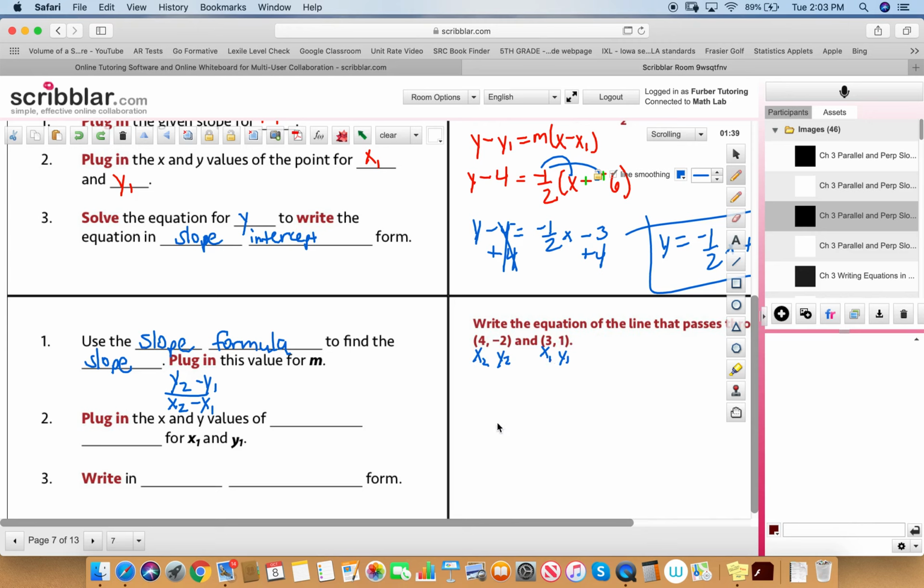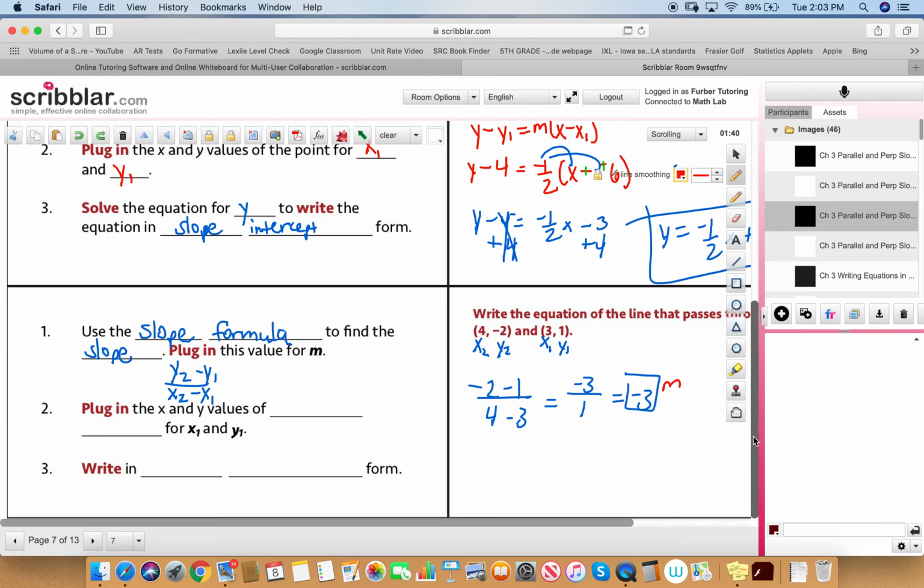So we're going to plug this in. y2 minus y1, negative 2 minus 1, over x2 minus x1, 4 minus 3. Negative 2 minus 1 is negative 3, and 4 minus 3 is 1, so the slope is negative 3.